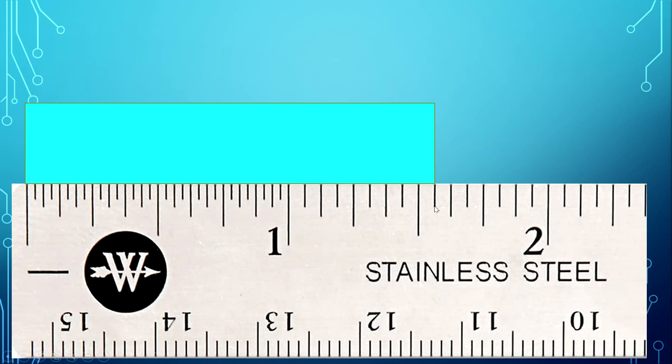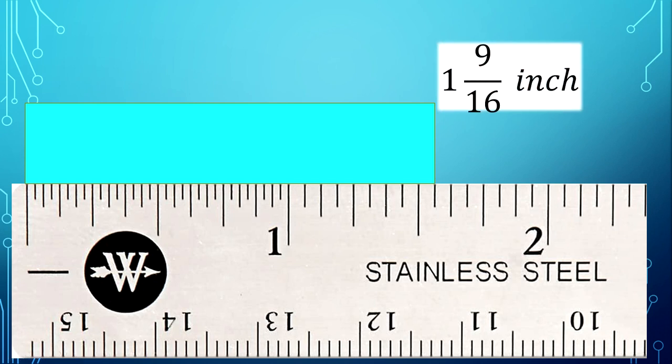So if I go over 1 more, that's going to be 9/16. Or we can start right here at our 1 inch mark and count 1, 2, 3, 4, 5, 6, 7, 8, 9/16. So that's going to be 1 9/16 of an inch.